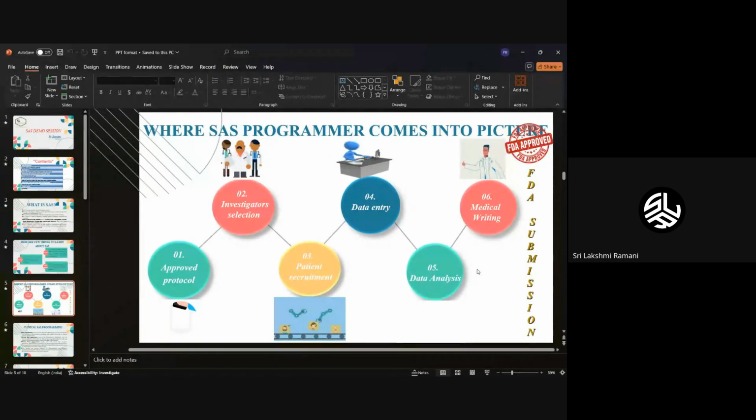After data analysis by the SAS programmer, then on looking into the tables, listings or figures, medical writing people will write a summary on it.